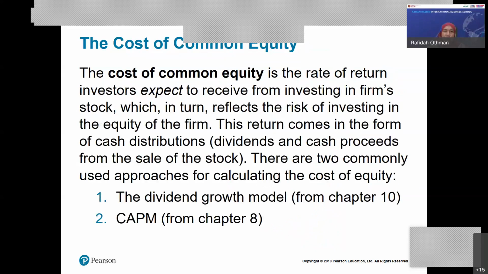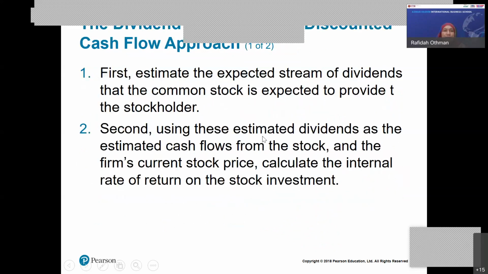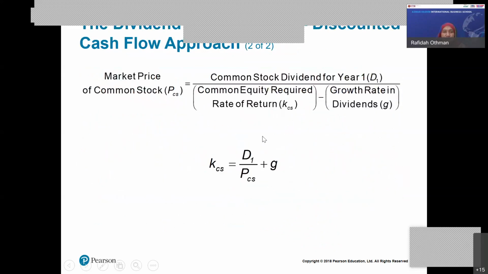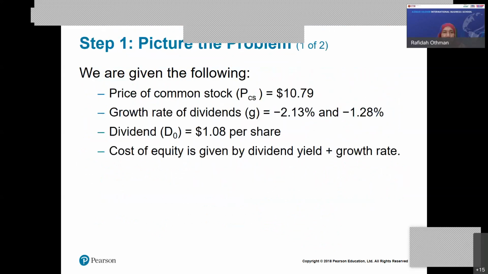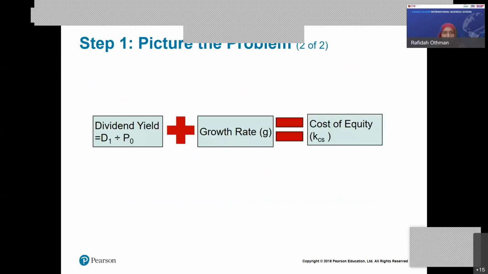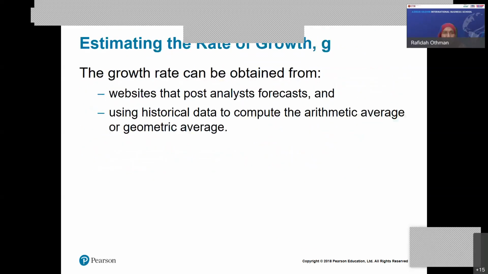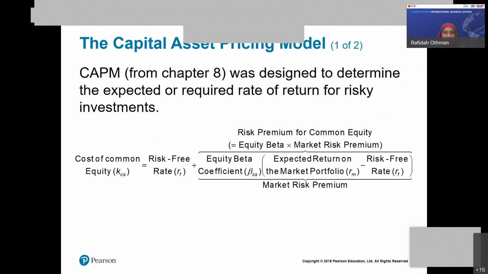Same goes for common stock equity. The cost of common stock equity can come from the dividend growth model, or from the CAPM. This is the CAPM. You may see it as complicated, right?